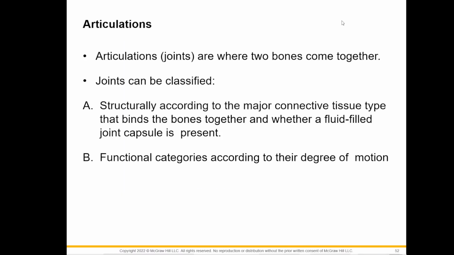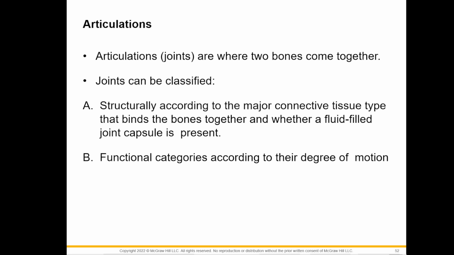Now, let's talk about the meeting point of these different bones. So again, we call them articulations or joints. This is where two bones come together. Joints can be classified into two. First, by structure, and second, by function.